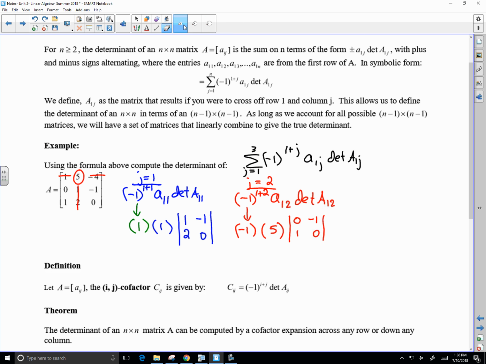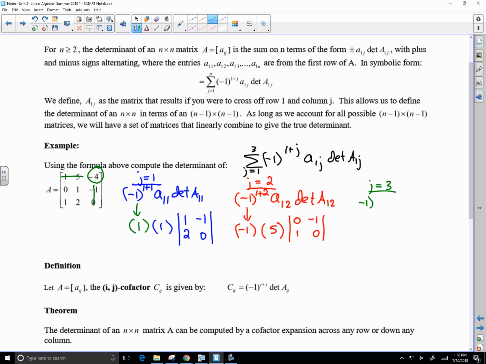And then we only have one more thing to account for, because we're working across the top row: j equals 3, column 3.